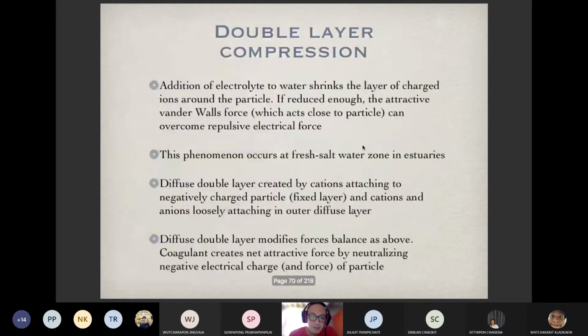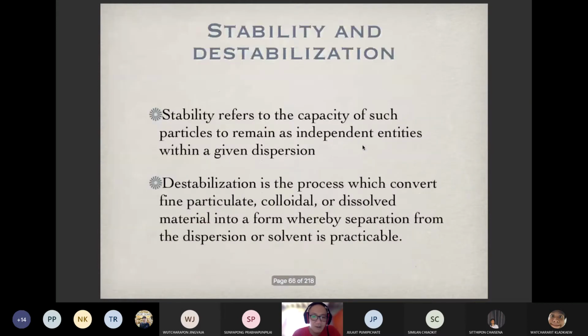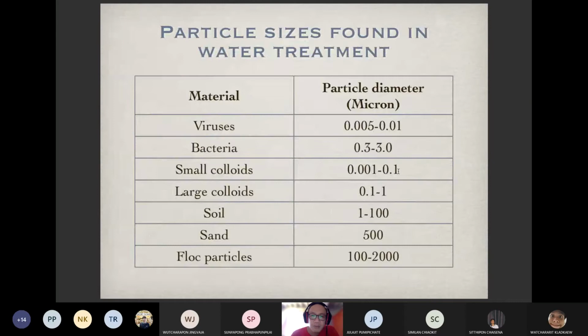We see from the colloidal particles, the size are very small, like 0.1 microns. Maximum size for the large colloidal particles is just 1 micron. Smallest one is 0.01 micron. These are very small. It's even smaller than the bacterial size and a little bigger than the viruses.